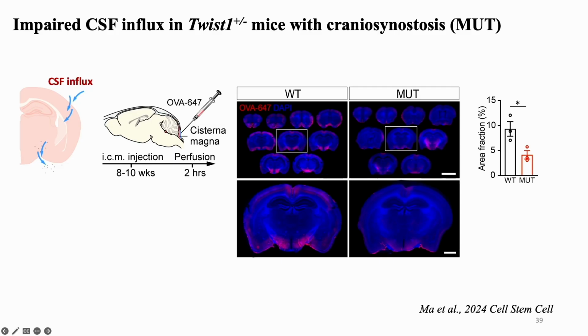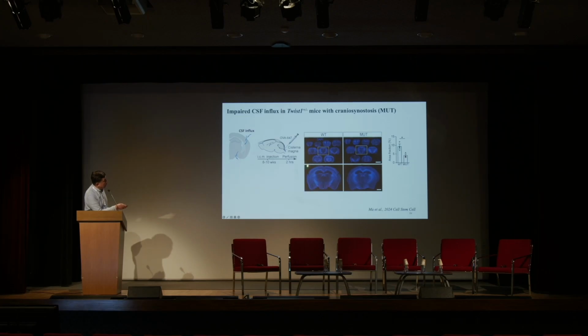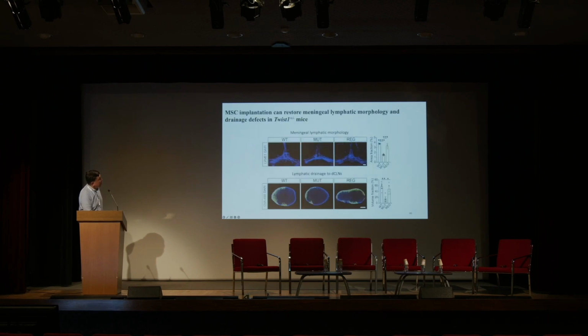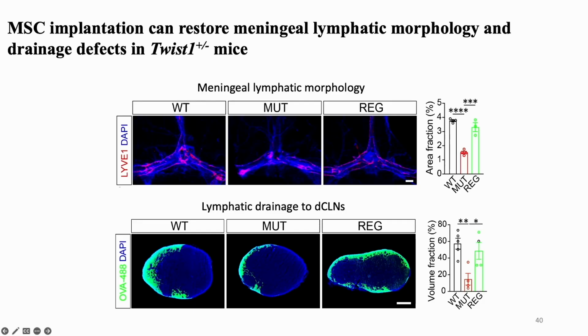You can see in the control sample the distribution of this conjugated protein in the subarachnoid space is throughout the surface of the brain, but in the TWIST1 mutant, there's this compromised distribution. And in terms of the lymphatic drainage, you can also see in the TWIST1 mutant there's a diminished lymphatic drainage with the lymphatic vessel.